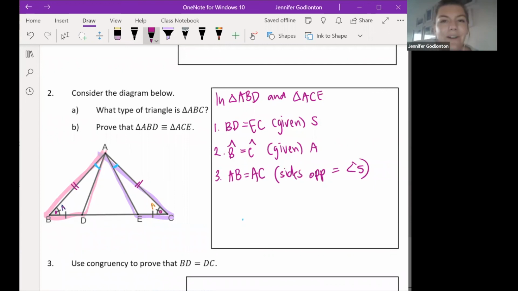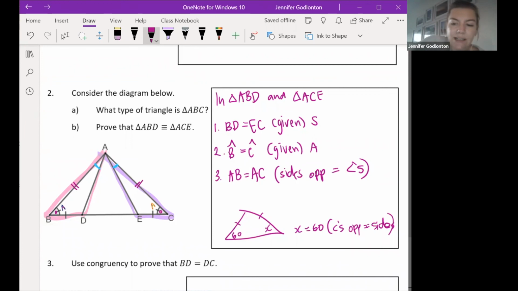Remember when we learned isosceles triangles, if this was 60 and that was X, you would say X is equal to 60 because of angles opposite equal sides. This is using that logic, but literally backwards. Instead of angles opposite equal sides, we're saying sides opposite equal angles. Because these two angles are the same, these two sides are the same. So AB is equal to AC.